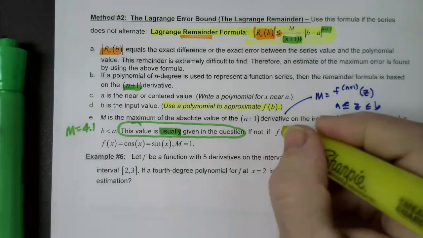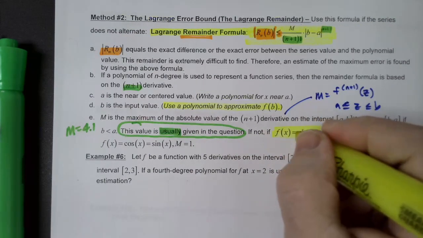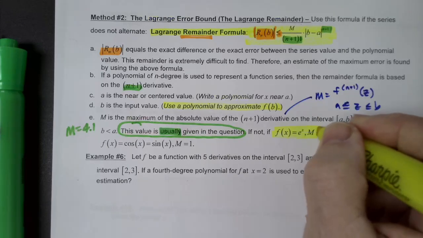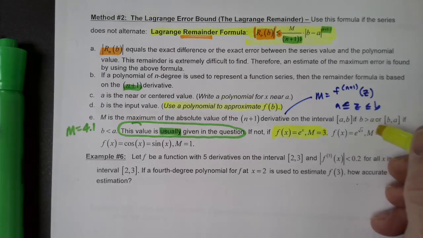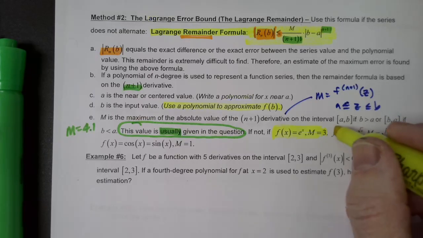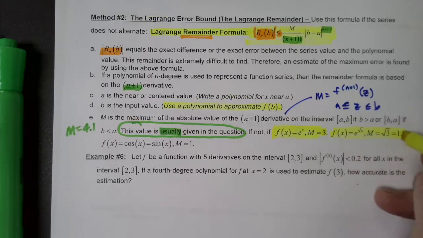So memorize these. If the function is e to the x, we're going to estimate m as 3. Okay? We know that e to the first power is 2.718. All right, we'll round it up and use 3. Just remember it that way. Okay? If it's e to the square root of x, we're going to use the square root of 3, which is approximately 1.8.